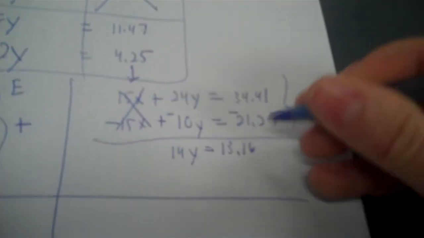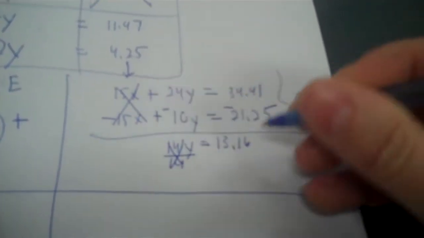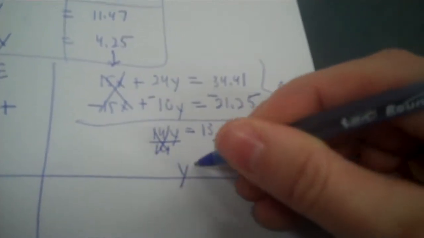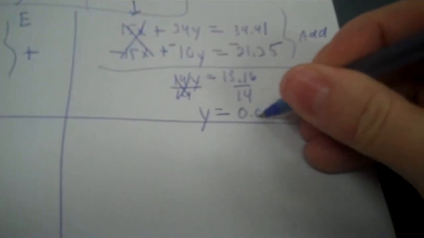Now I divide both sides by 14. That finds my y answer. 13.16 divided by 14 is 0.94. Which makes sense because the y, the apples, is 0.94. That's how much the apples cost, 94 cents.